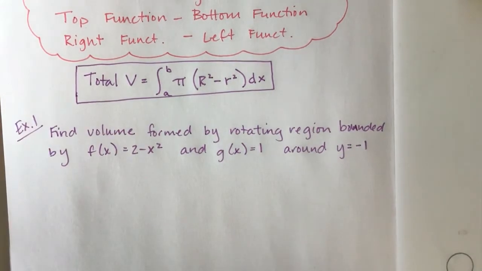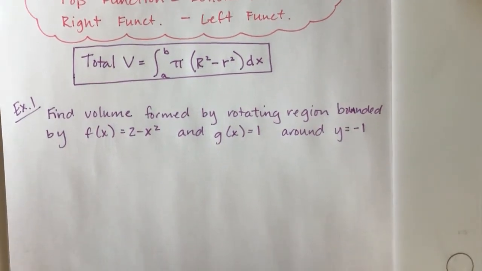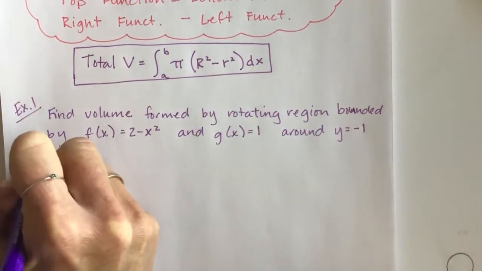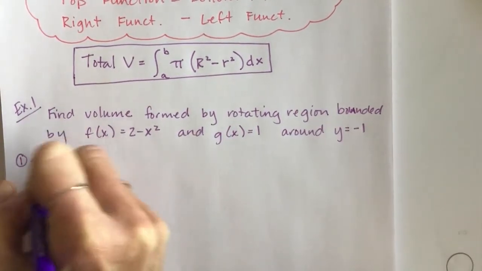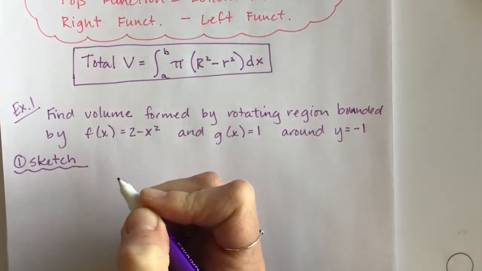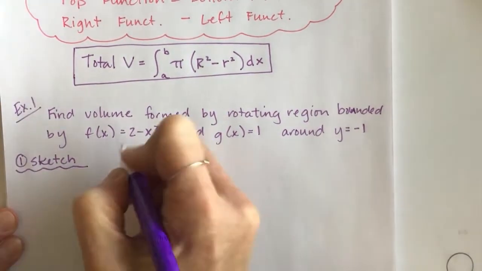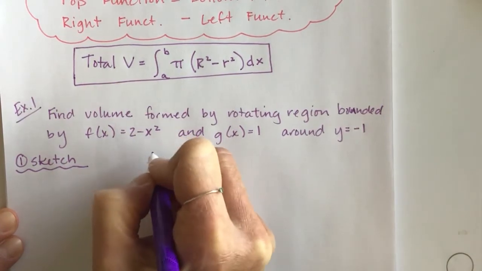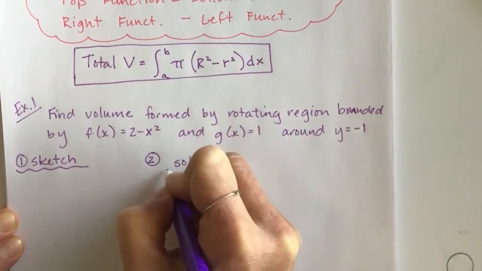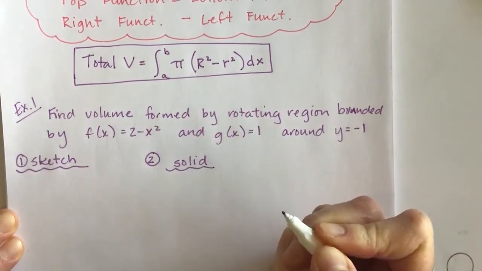We're going to follow the exact same process that we've been doing. You guys know this by heart now. We're going to do that 2D sketch, and if we can make an accurate 2D sketch, we've got it made. Then we're going to sketch that solid, like what's the solid going to look like.